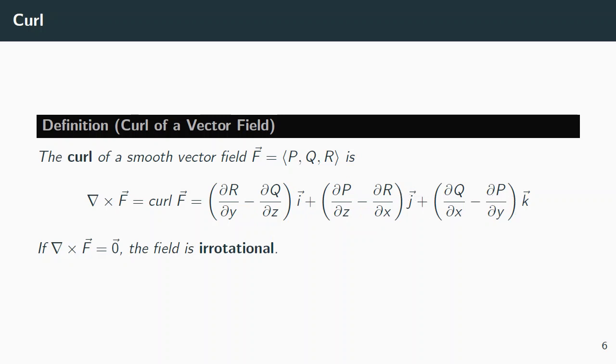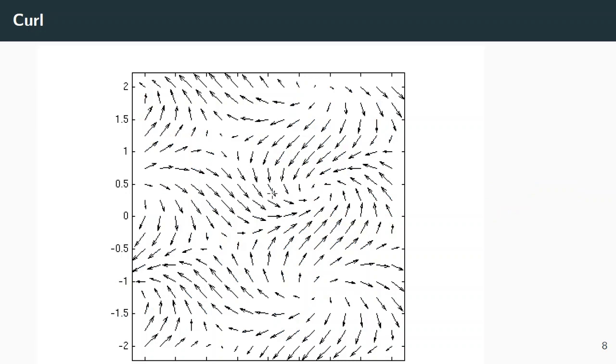That tells you that in a two-dimensional vector field, the curl is always coming out of the vector field in the k direction, and of course it would be rotating around the z-axis effectively, or a vector parallel to the z-axis.